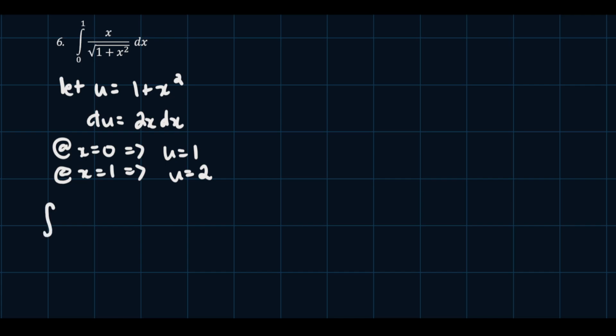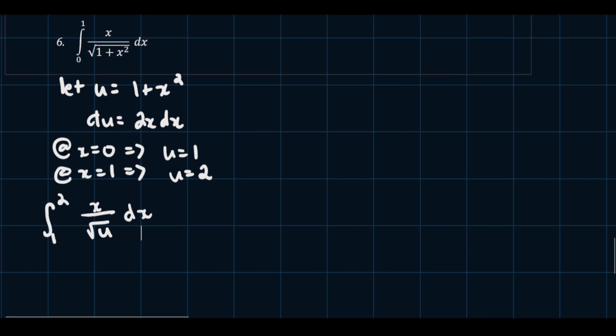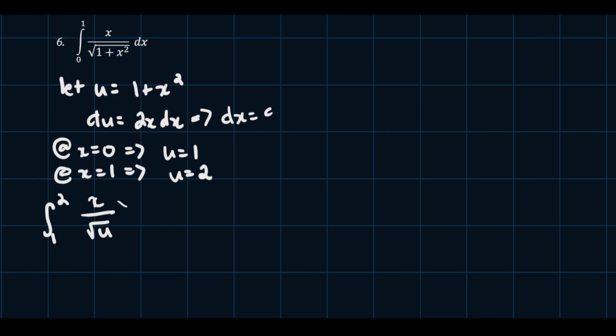Okay, so our new definite integral will become the definite integral from 1 to 2 of x over square root of u dx. Then we solve for dx. dx will give us du over 2x.